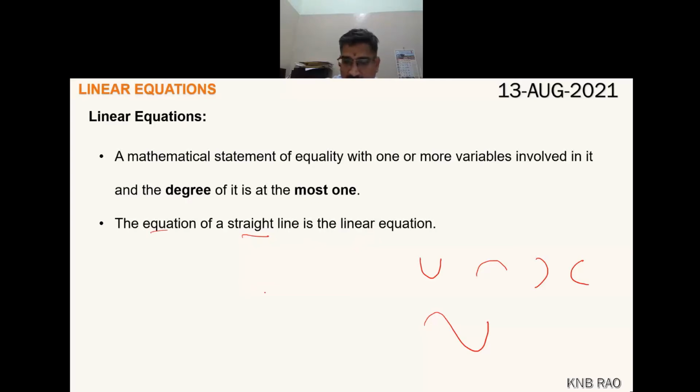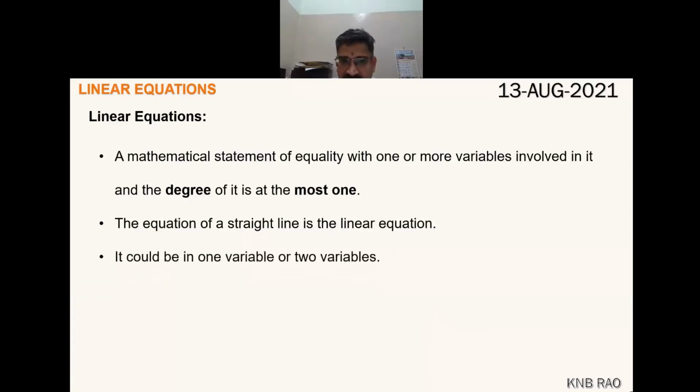Moving on to another important point. A linear equation can have one variable or two variables. An example for one variable is 2x plus 5, which I have already given, equal to some number; you can keep 0 or minus 7 or any number.